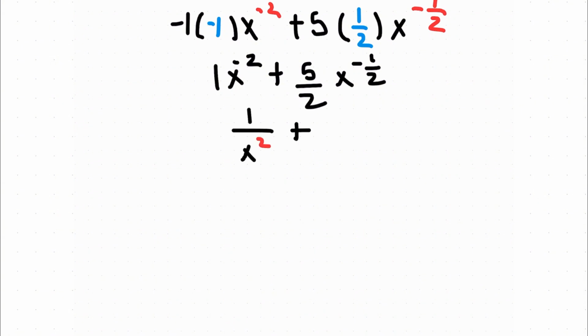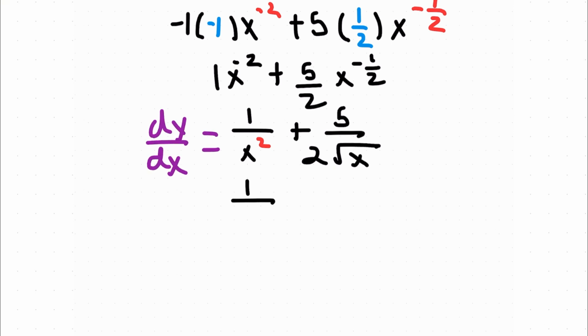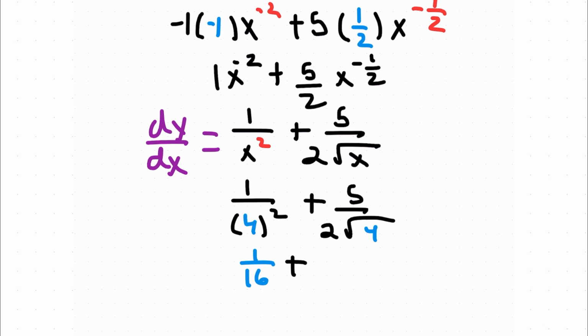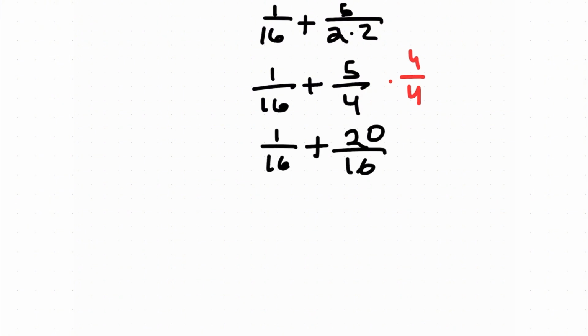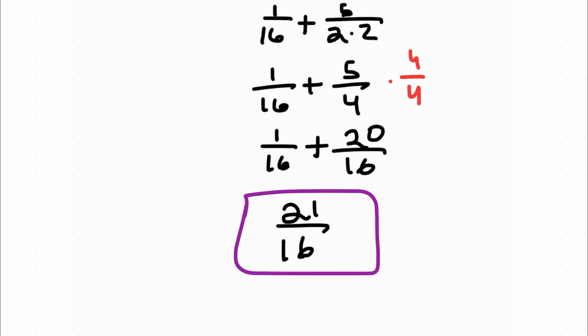The derivative is 1 over x squared plus 5 over 2 square root of x. Since we're finding the derivative at x equals 4, substitute x for 4. Let's solve. Our final answer is 21 over 16.